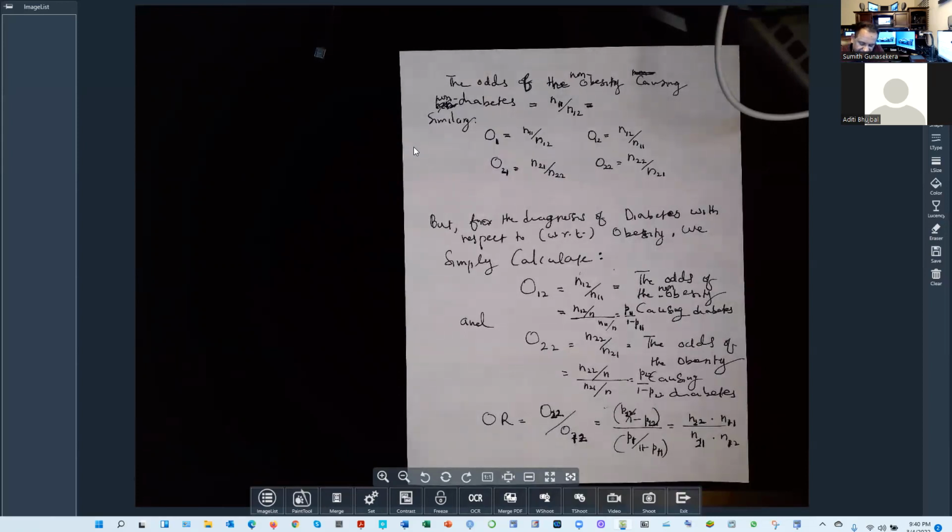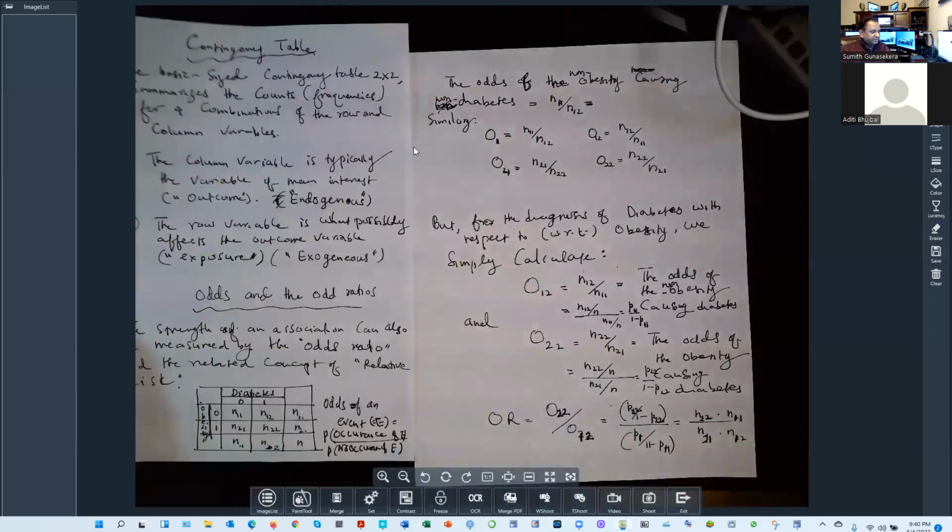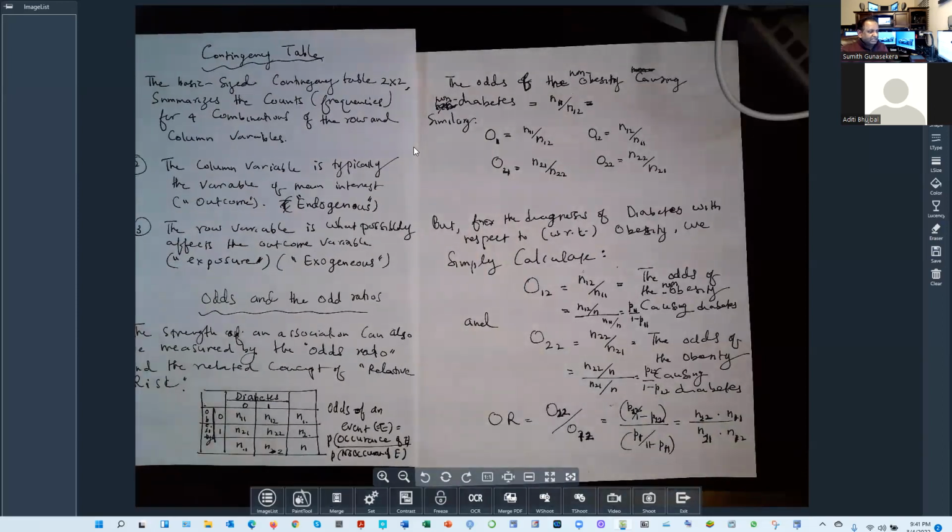These are probabilities. The odds of an event E is the probability of occurrence of event E divided by the probability of non-occurrence.